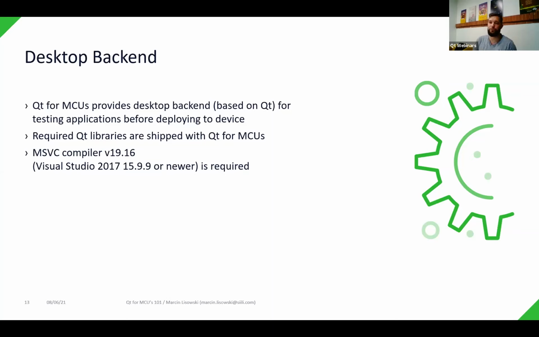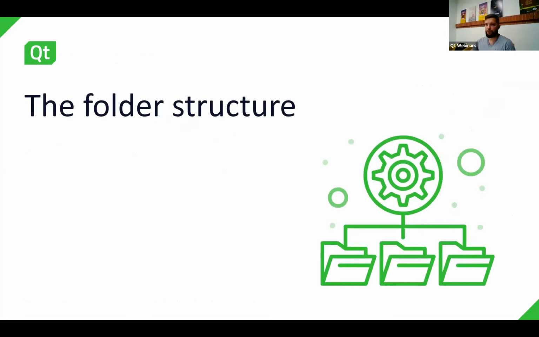There is a plan to switch that to MinGW, but this is the future, and right now we don't know when exactly this will happen. And yeah, this is about the desktop backend.